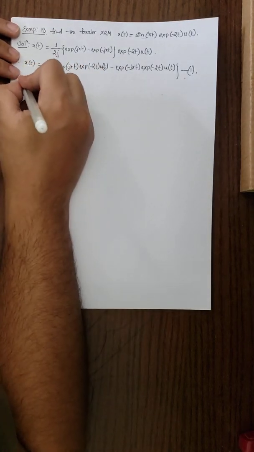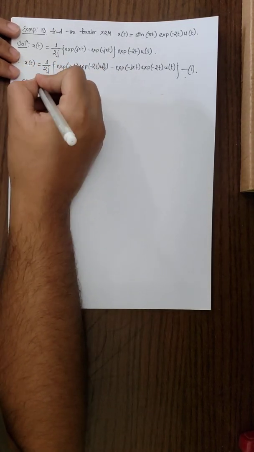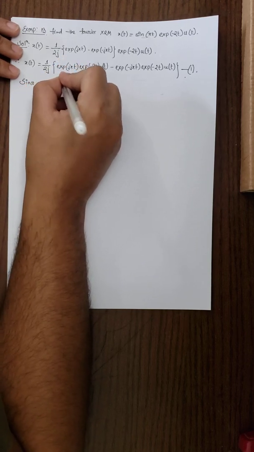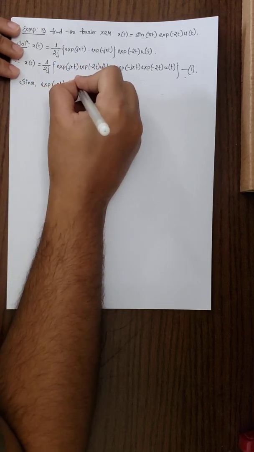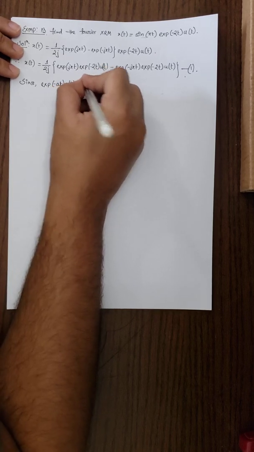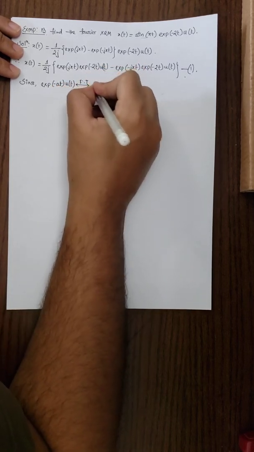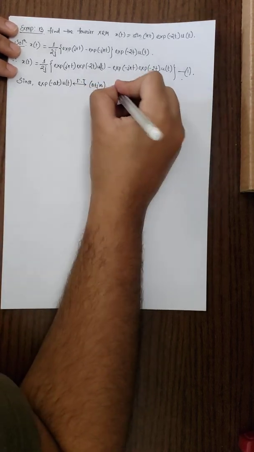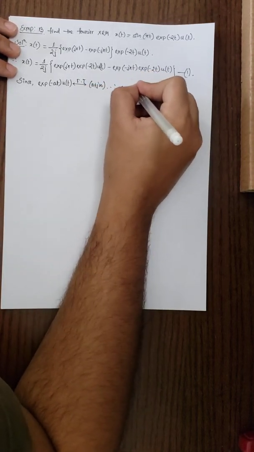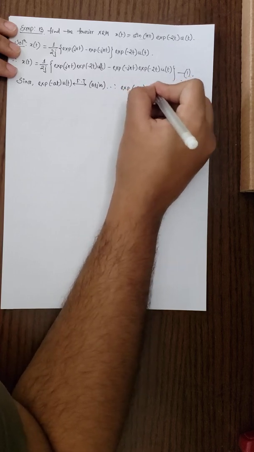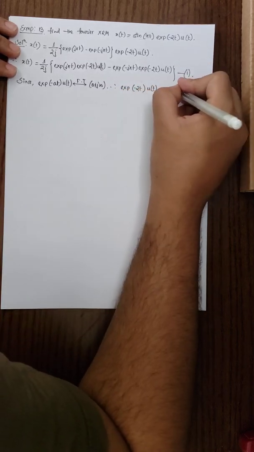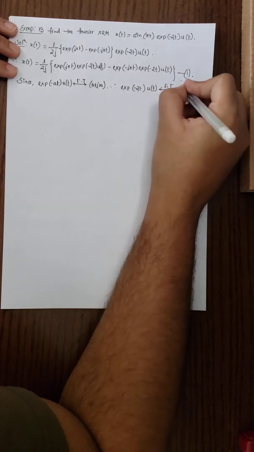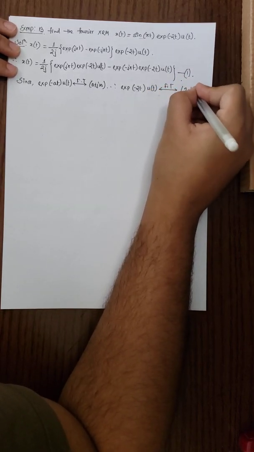Now, as I have shown before, e to the power minus at u of t has a Fourier transform of 1 over a plus j omega, so e to the power minus 2t u of t will have a Fourier transform 1 over 2 plus j omega.